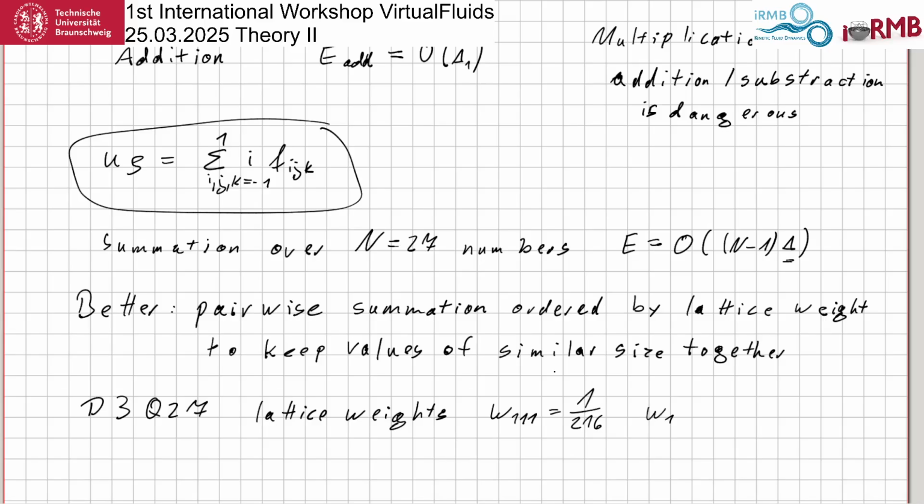This is related to the speed of sound, actually. W110 is 1 over 54. W100 is 2 over 27. And then we also have W000, which is 8 over 27. So you see they are of different size, and we use this for pre-ordering them.